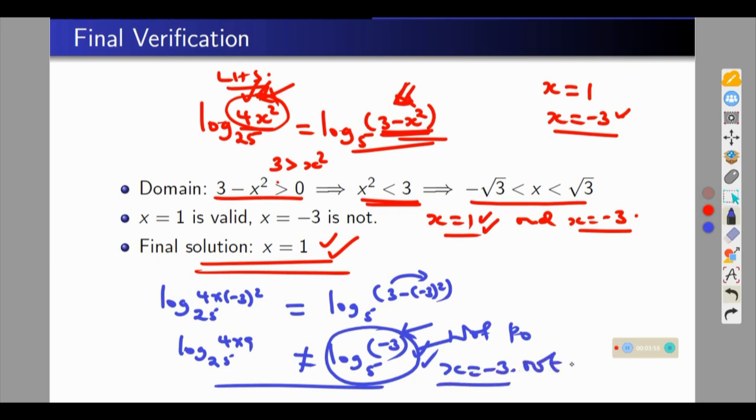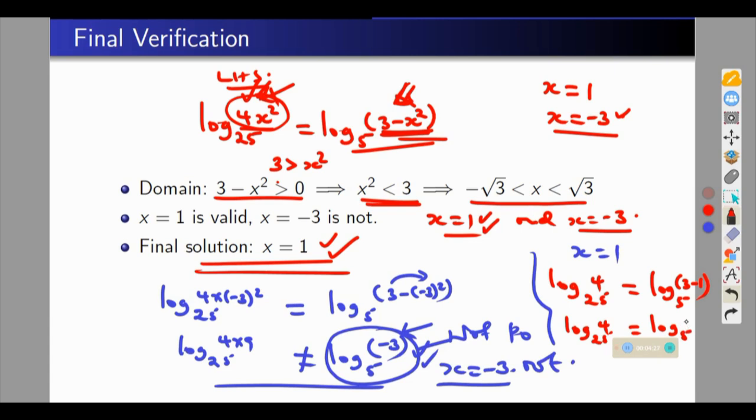If you put x equaling 1, you realize this will be logarithm base 25 of 4 times 1 squared, which is 4, which is equal to log base 5 of 3 minus 1. So this will be log base 25 of 4, which is equal to log base 5 of 2.